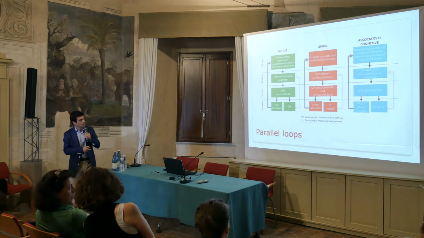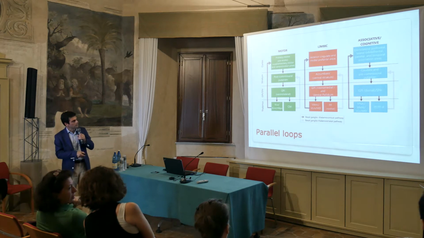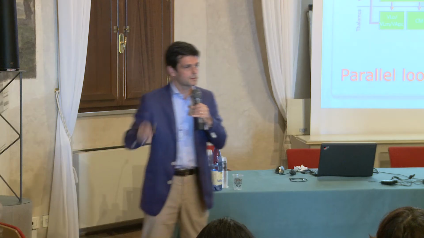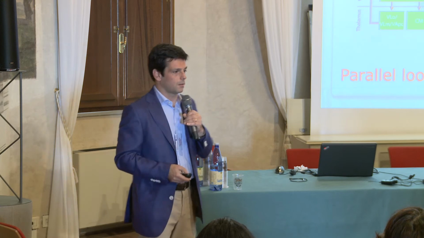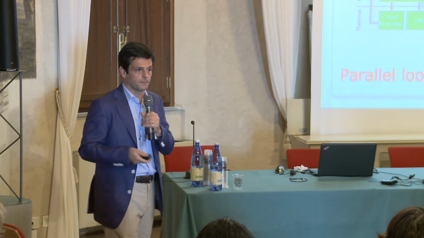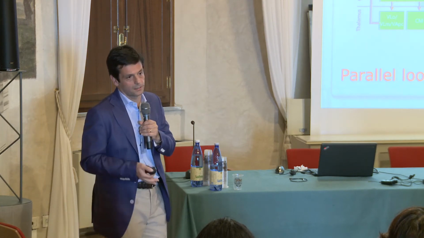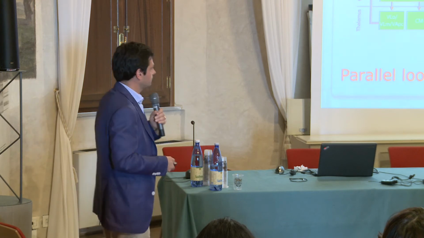There is a limbic area and there is an associative cognitive area, which involves different parts of the caudate and putamen. And this fits very well with what Elena Moro described yesterday, especially regarding the side effects of DBS.